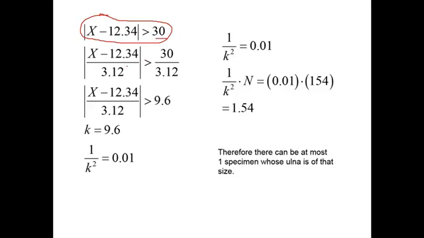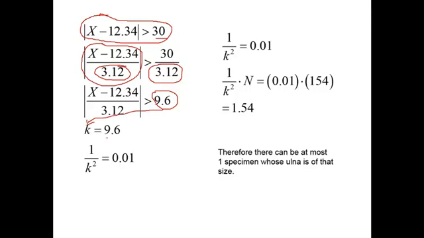I then divide both sides by the standard deviation. That gives me the z-score in absolute value, because I wanted something that would fit into Chebyshev's rule. Now I work out the math, and I fit this into the Chebyshev's rule formula. This is just k.